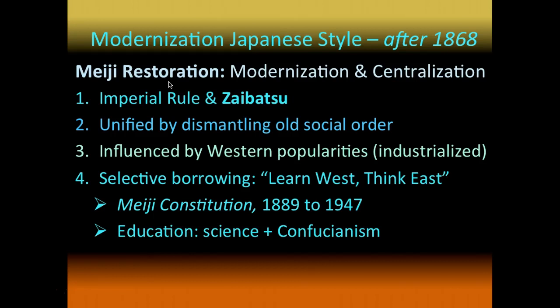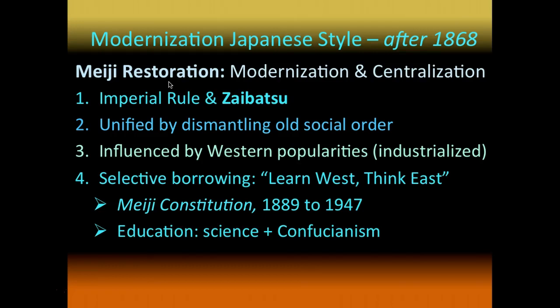So there's kind of an interesting old school twist. And also the universal education system blended Western science with Confucian ideology. So Japan was still able to retain central Japanese values and traditional ideas. And again, the idea here was Western thinking, Eastern values, or learn West, think East.